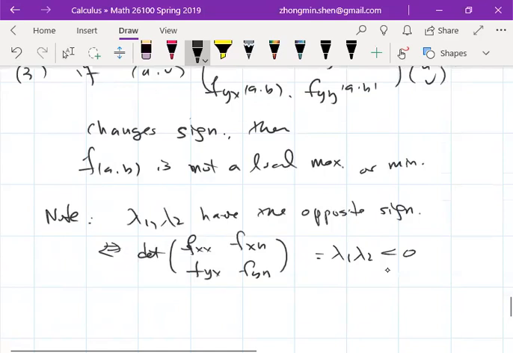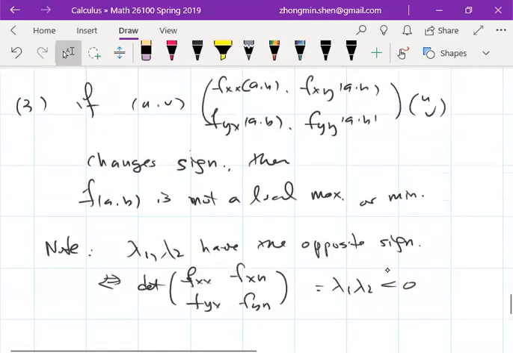So why does the function not have a local maximum or local minimum value at that point? Because the function is approximated by a quadratic function.